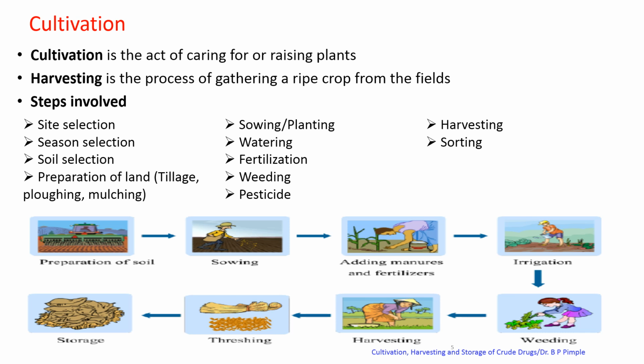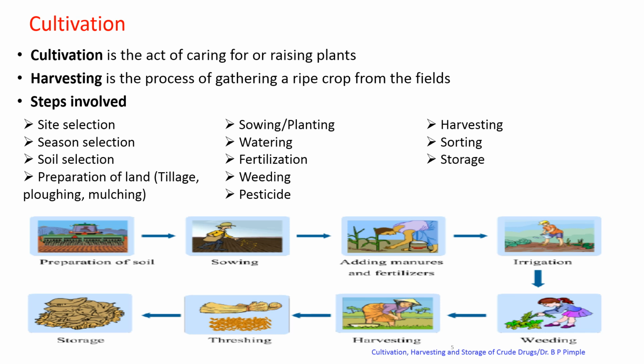Threshing means the entire dry plant is uprooted and then beaten against wood or a stone so as to separate the seed. That is one method of sorting. Sometimes, sorting of the desired plant is done manually or by simple hand picking.